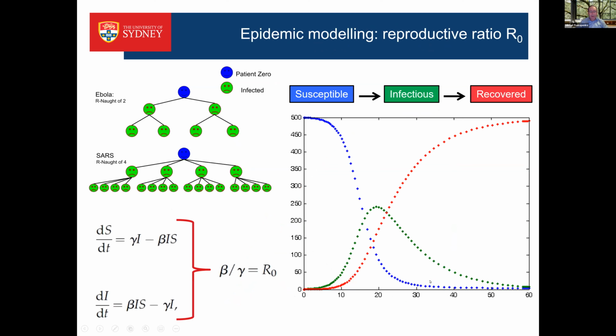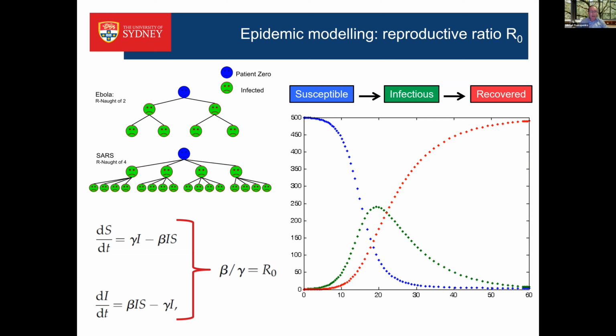Again, introducing some well-known ideas, I will be talking about reproductive ratio R0. Technically speaking, R0 is reproductive number. It's the number of secondary infections that a single patient, say patient 0, for instance, generates in an otherwise susceptible population.